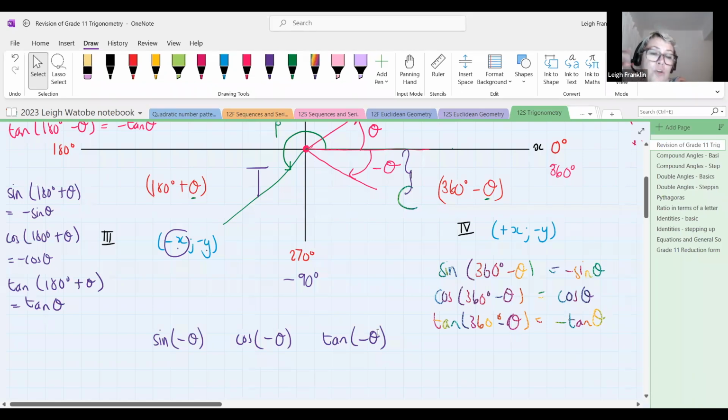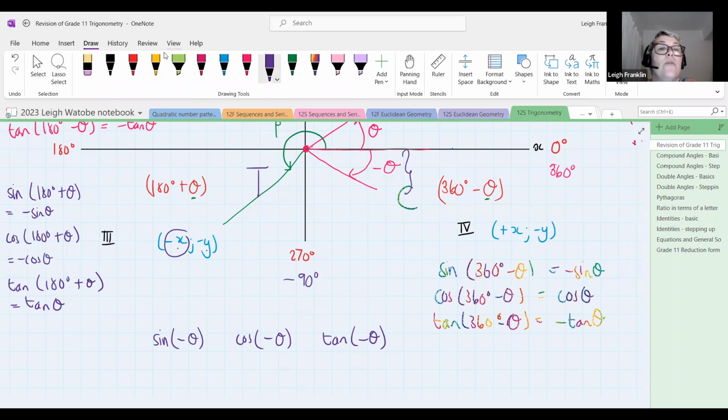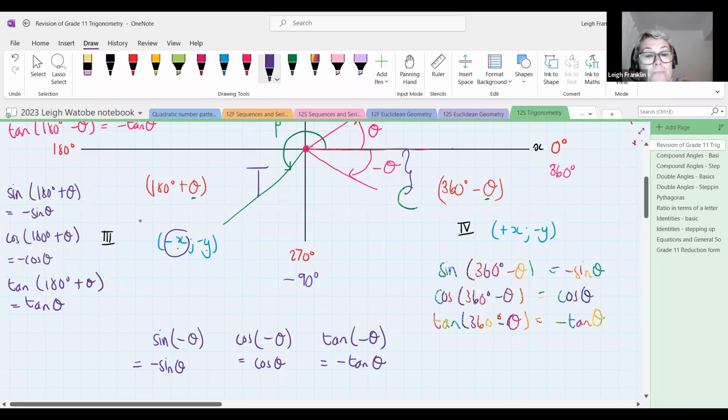Okay, so in quadrant 4, only cos theta is positive. So this would reduce to negative sine theta. This would reduce to positive cos theta, and this would reduce to negative tan theta. Okay, is everybody all right with that as well? Any questions?